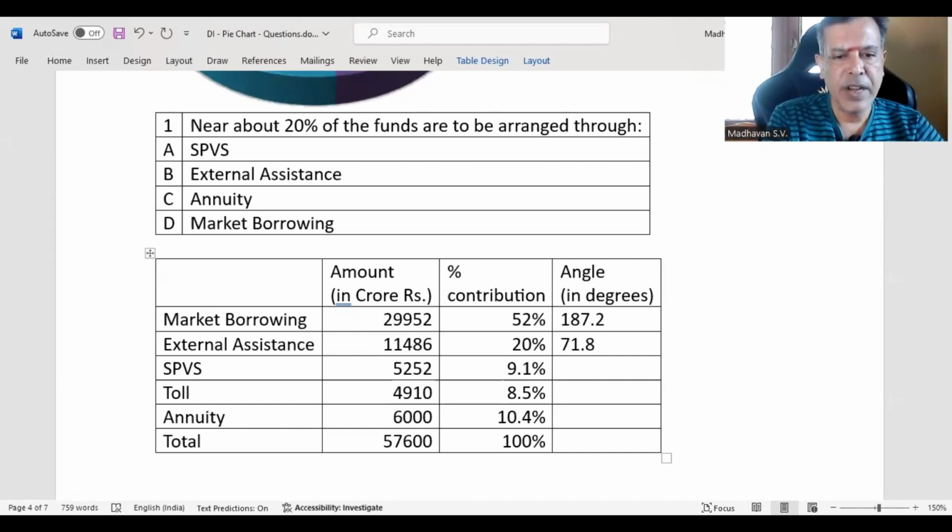Next, 5,252 divided by 57,600 multiplied by 360, we will get 32.8 degrees. 4,910 divided by 57,600 multiplied by 360 will get 30.7 degrees. 6,000 divided by 57,600 multiplied by 360, you will get 37.5 degrees. Totally, it will be 360 degrees.